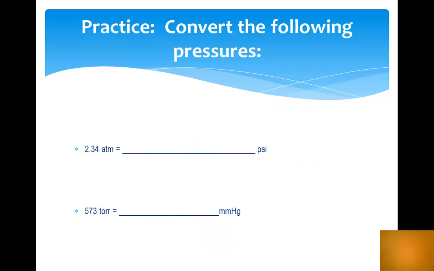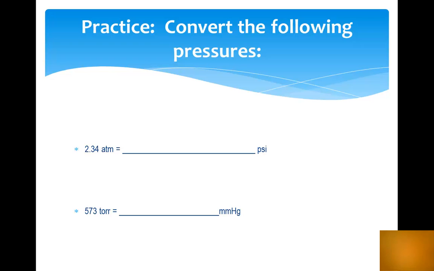Now I'd like you to practice the next two on your own, again using the equal expressions that you were given prior in your notes to create your fractions in order to cancel your units utilizing unit analysis or dimensional analysis to get to the unit that you're going to. If you've done that, you may want to check your answers now. If you're still working, please pause the video.